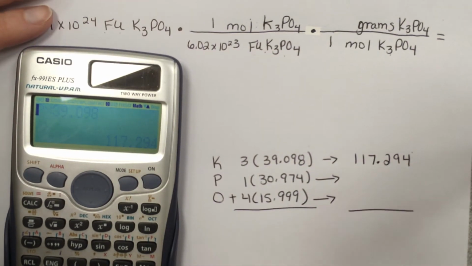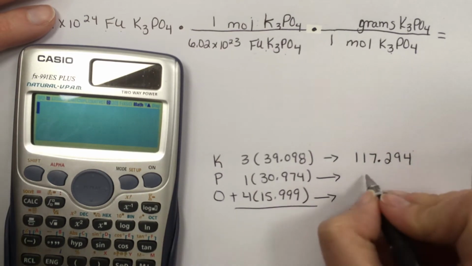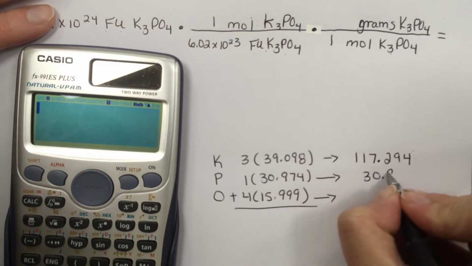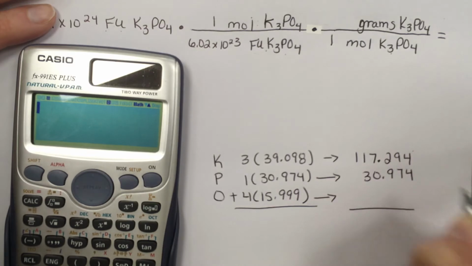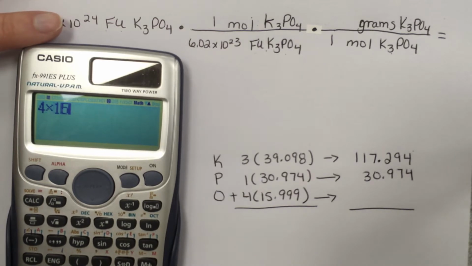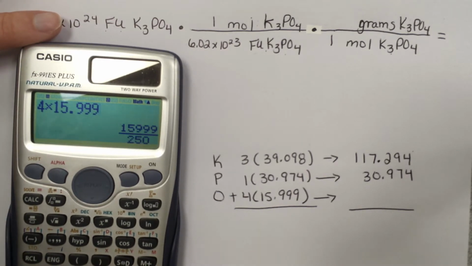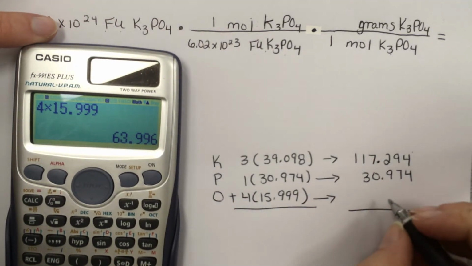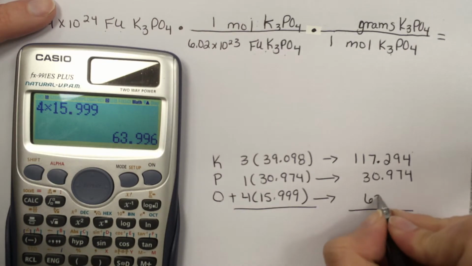Okay. So here we just bring this over, 30.974. And then 4 times 15.999 is 63.996.